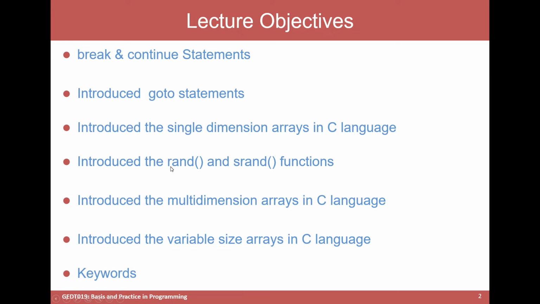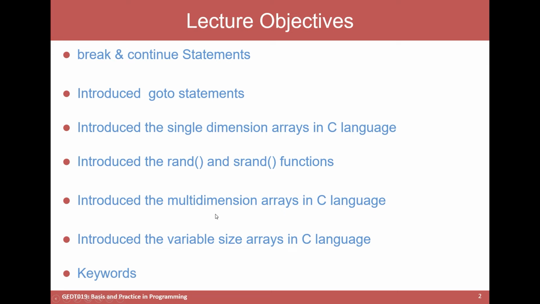Then we will talk about how to generate some random numbers and fill them inside an array. We saw this last lecture, but I would like to mention it again. We are also going to talk about multi-dimension arrays, and this is very important in real life applications.